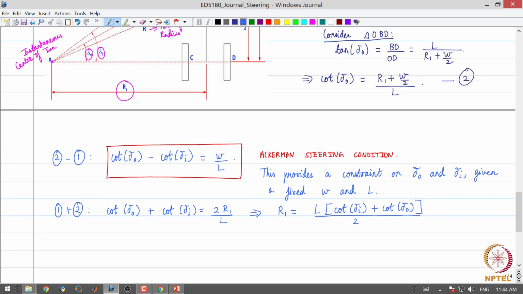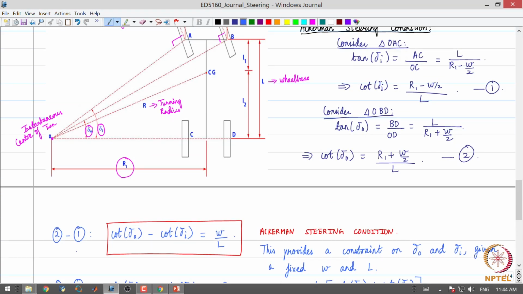So, why is this important? We can observe the turning radius R using this right triangle. R squared is going to be L2 squared plus R1 squared, using the Pythagoras theorem.